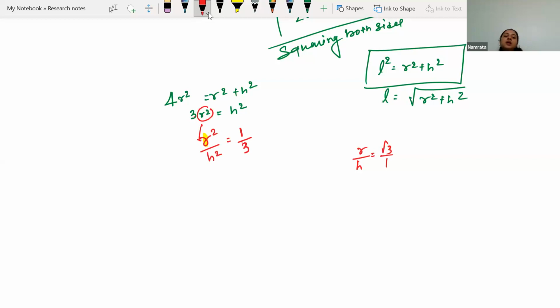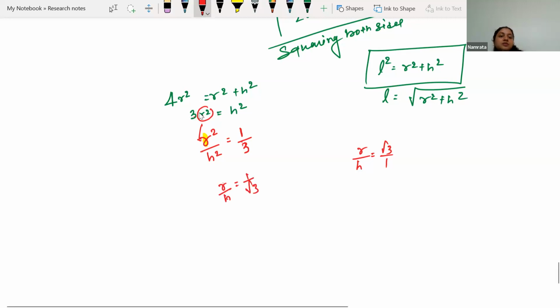Since it was in multiplication over here, it will be division on the other side. Division with what? Since h square also we have taken, so division with 1, right? So r by h will be 1 by root 3, right? Ratio between radius and height will be 1 by root 3 instead of root 3 by 1. Are you getting it? Yes, ma'am.